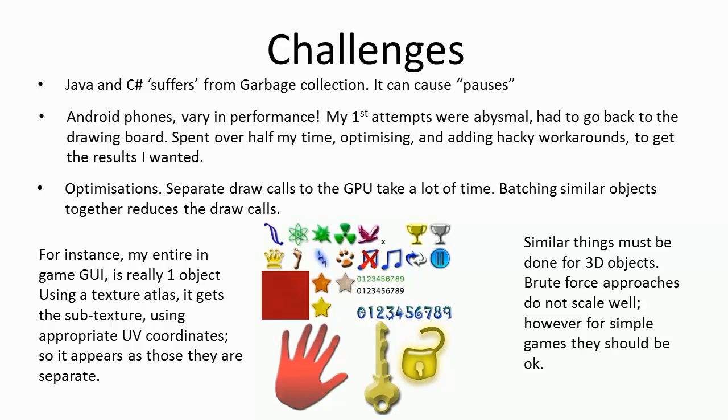So all the different triangles are moved internally, and to put a different image on them, you reference this master image called a texture atlas, and you just reference a little subunit in it, and you're able to give the illusion that it's a bunch of different objects when really it's just one. And for 3D, you also want to try to batch as much as possible, because for large environments, the brute force approach of just displaying each object individually does not scale very well. But for simple games, it should be fine.